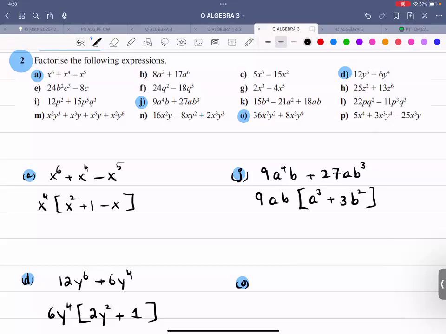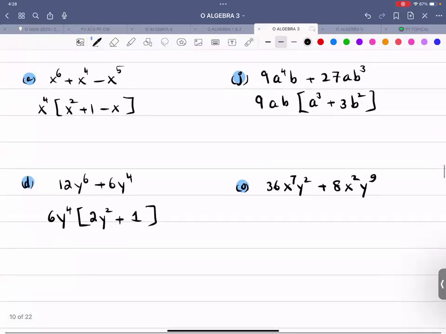And last, that is O, 36 x power 7 y power 2 plus 8 x square y power 9. So now out of these 36 and 8, what should I take common? 4. So I'll take 4 common. 4 9s are 36, 4 2s are 8.